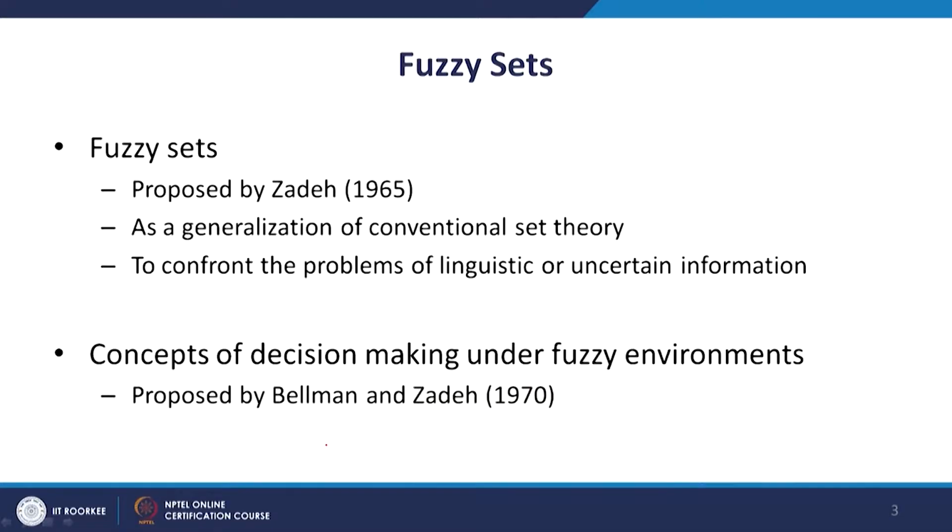Further development, in terms of the concepts of decision making under fuzzy environments, was proposed by Bellman and Zadeh in 1970. Based on these two developments, a number of research studies have been conducted which use fuzzy sets in combination with other techniques in MCDM.